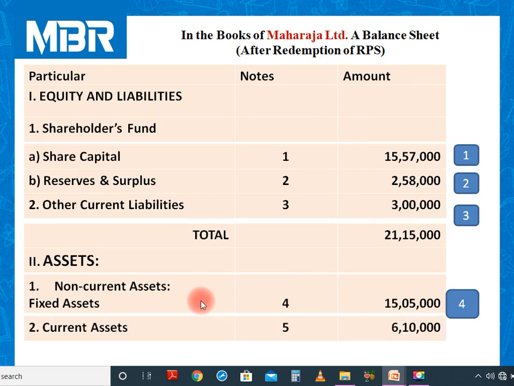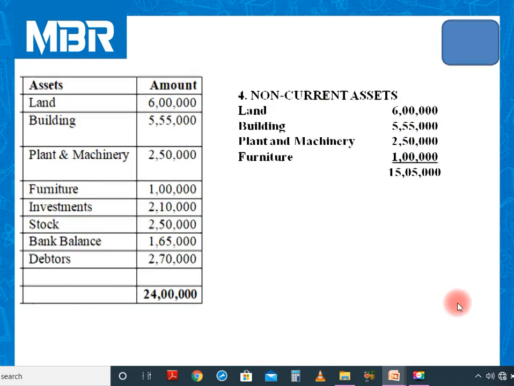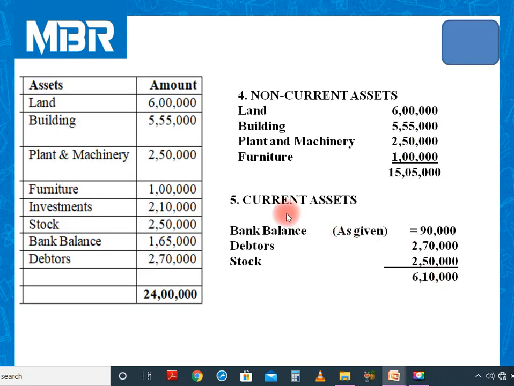Now second item of the asset side is all about current assets. Amount of current assets is 6 lakhs 10,000 and we have mentioned this calculation in note number 5. Number 5, current assets. Left hand side of your screen, this is our old balance sheet.